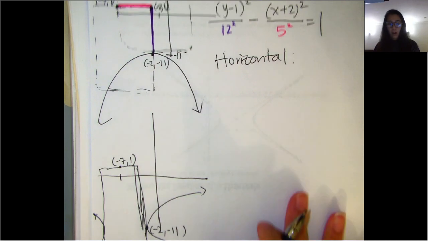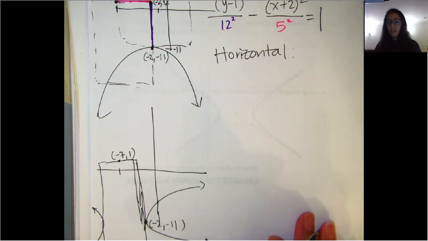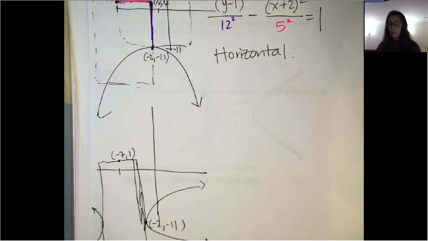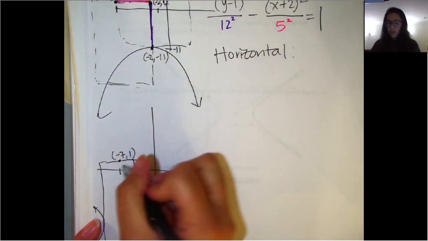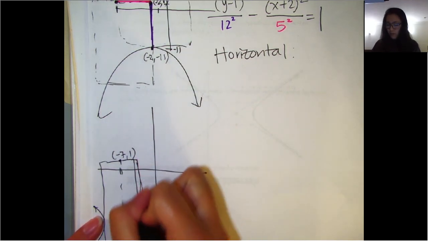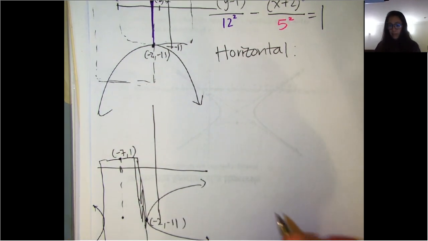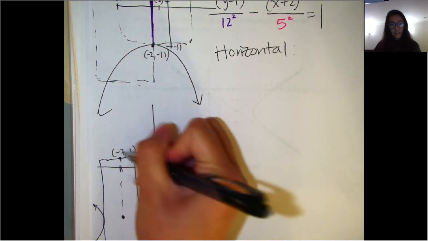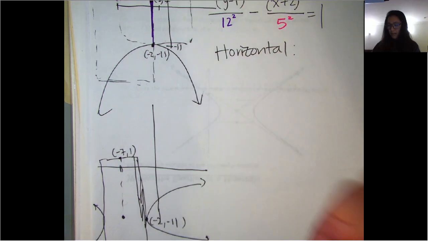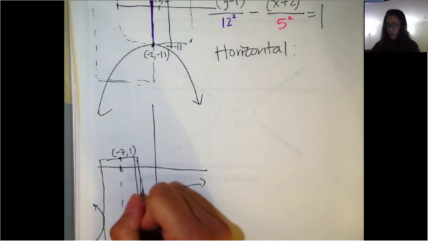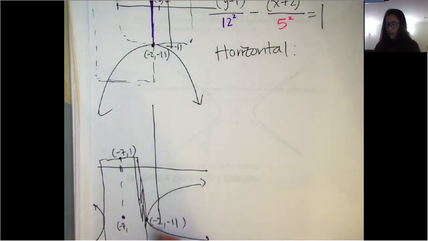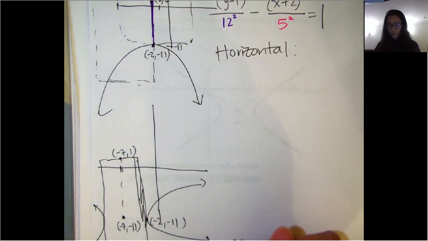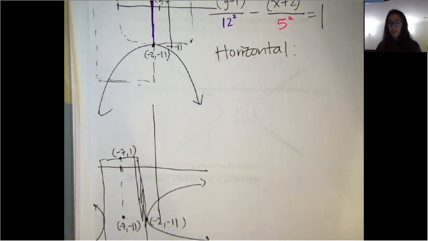This is an awful drawing of a hyperbola, but it's just a rough sketch so we can get a general idea. The center would be in the middle of the box. It would have the x value of this co-vertex, which is -7, and the y value of this vertex, which is -11. Since it's a horizontal hyperbola, x comes first and is positive.